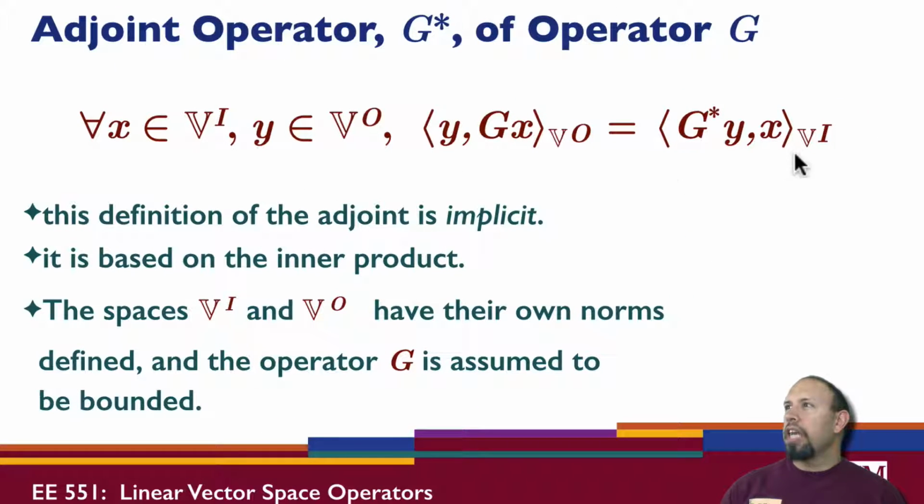So again, here's the definition for the adjoint operator. This definition is implicit, based on the inner product. The input and output spaces have their own norms defined, and the operator G is assumed to be bounded. Here, again, I'm talking about general operators.